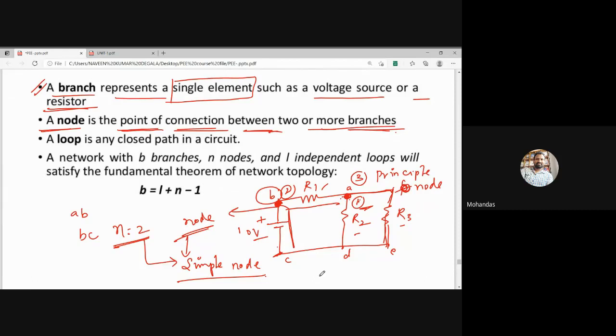If n is greater than 2, it may be 3, or 4, or any number. Suppose another resistive element is connected here, then how many elements are there? 1, 2, 3, 4. 4 branches are connected here. It also comes under principal node. If the number of branches connected at a particular node is greater than 2, it is known as a principal node.